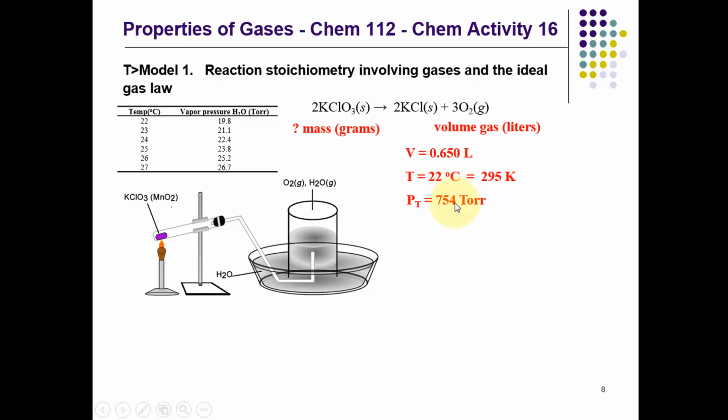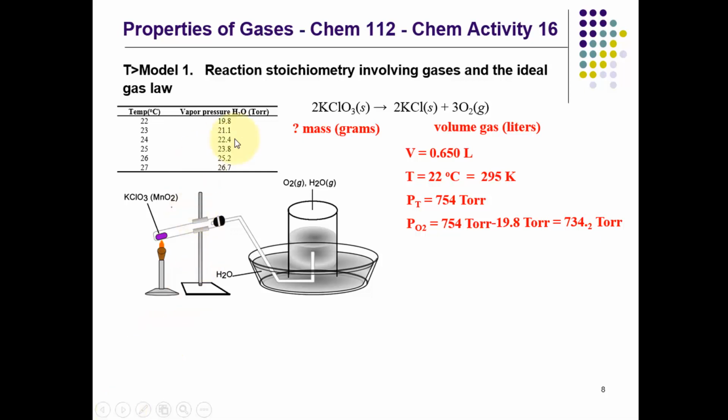So a certain fraction of that 754 torr is due to the vapor pressure of water. Therefore, we will subtract the vapor pressure of water, the 19.8, from that 754 torr, and therefore we now have the pressure of oxygen gas alone, 734.2 torr.